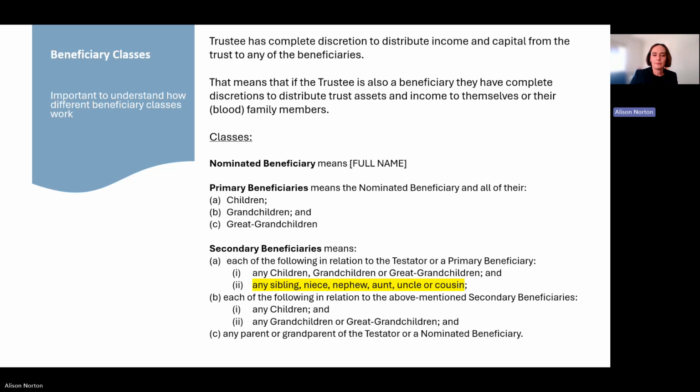And in this case, that would be your child. But they've got complete discretion to just keep all of the money themselves and or distribute it to their own children. So just remember that, because it's very important about how you structure the trust. If you've got any concerns about this aspect, please let me know so we can discuss further.